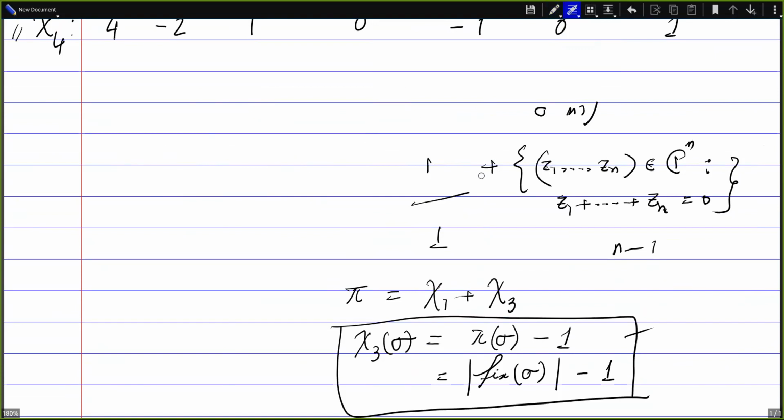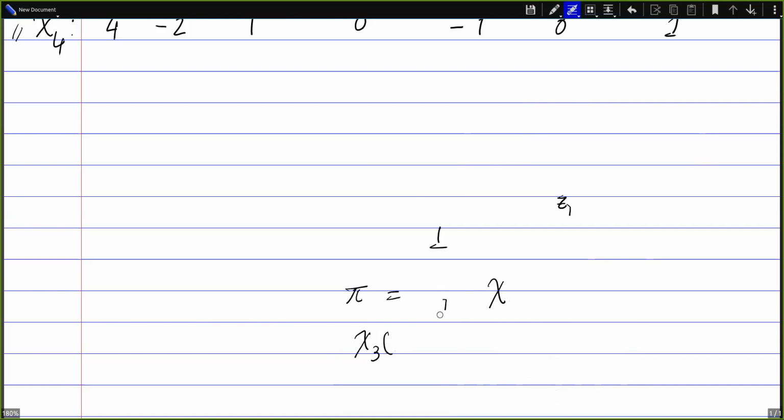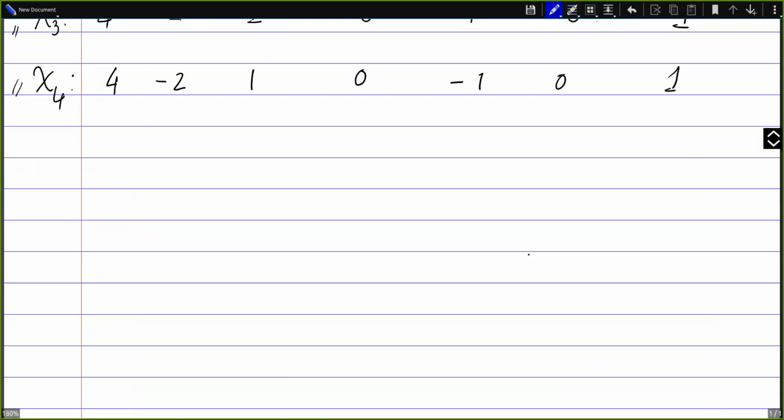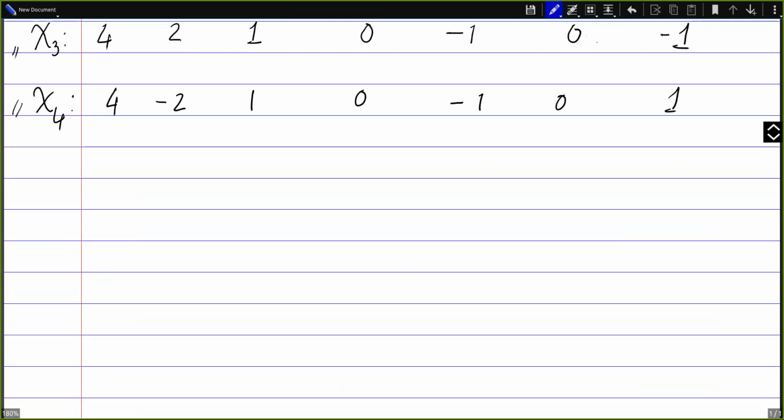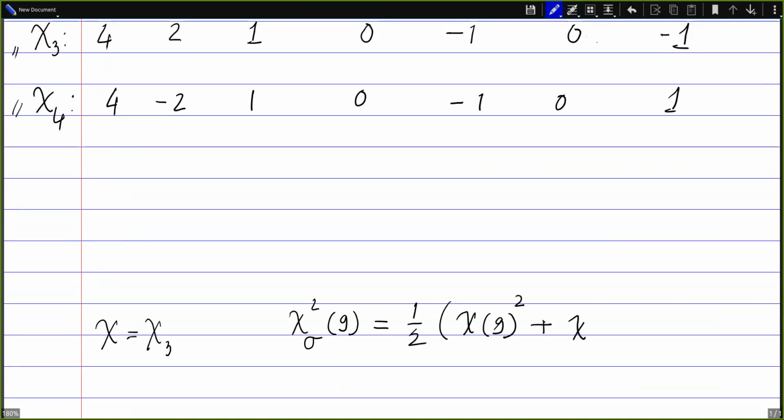For that we will recall the symmetric square and alternating square of our representation. So what we do is, let us take chi as chi3, and then we recall that the symmetric square character is precisely given by chi(g) square plus chi(g square), divided by 2. Similarly, we have a formula for the alternating square where this plus is replaced by minus.